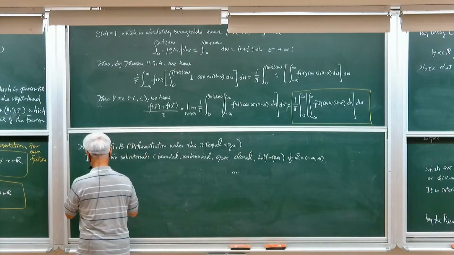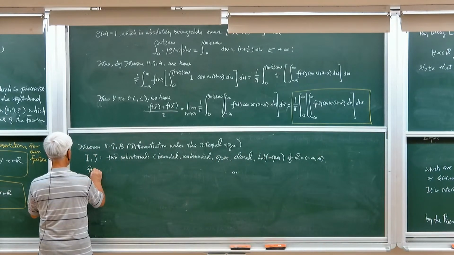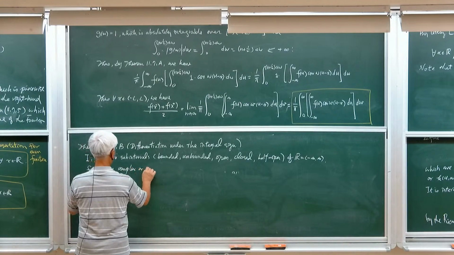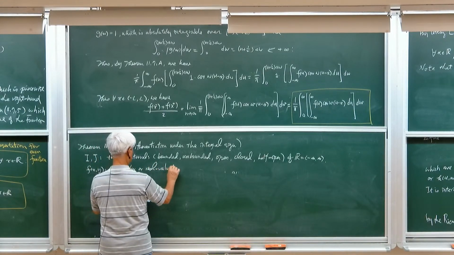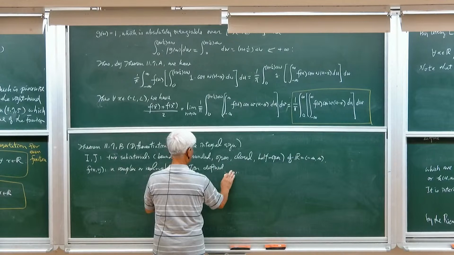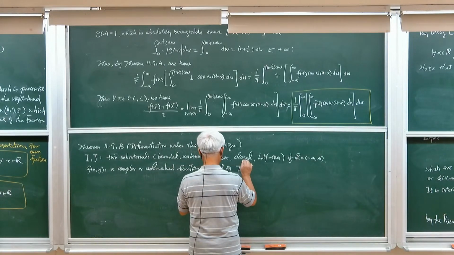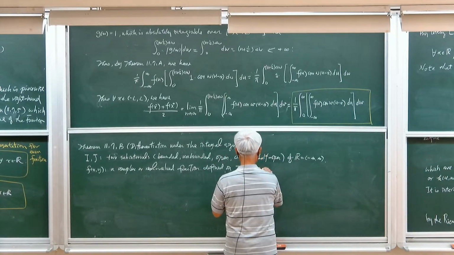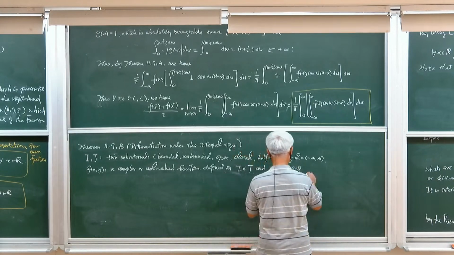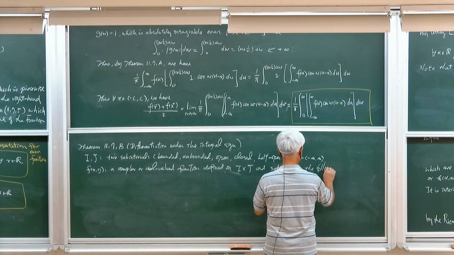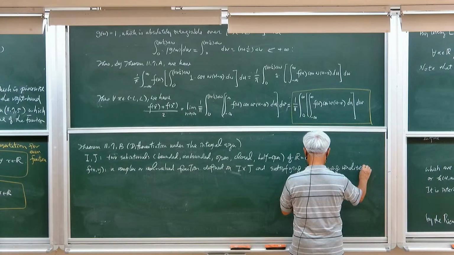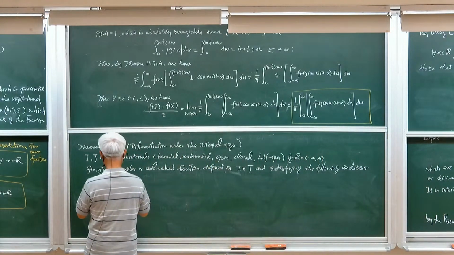And f of x, y is a complex or real valued function defined on the rectangle I cross J and satisfying the following conditions.